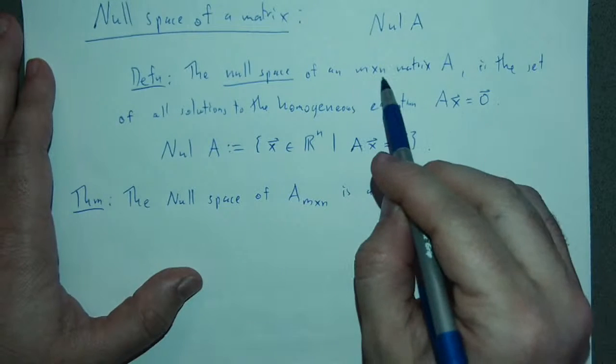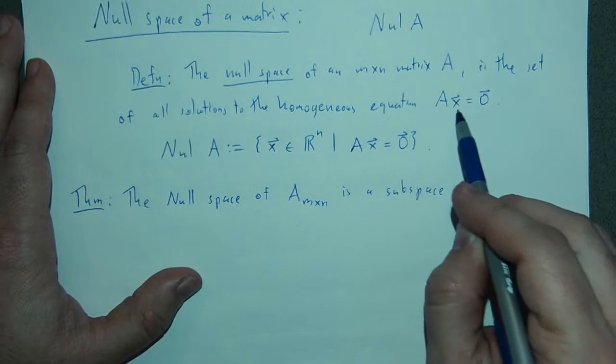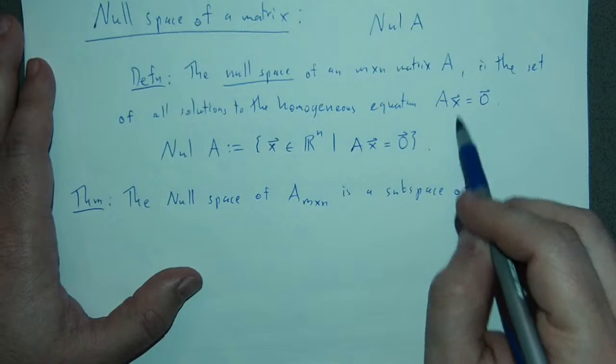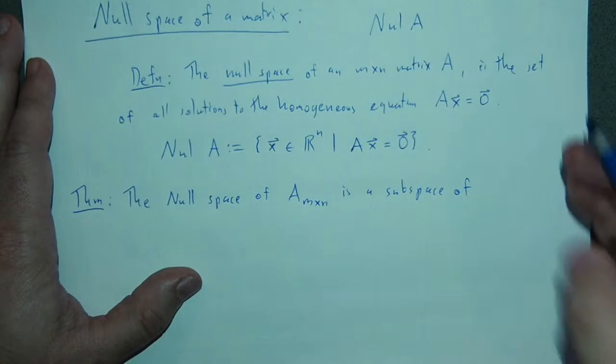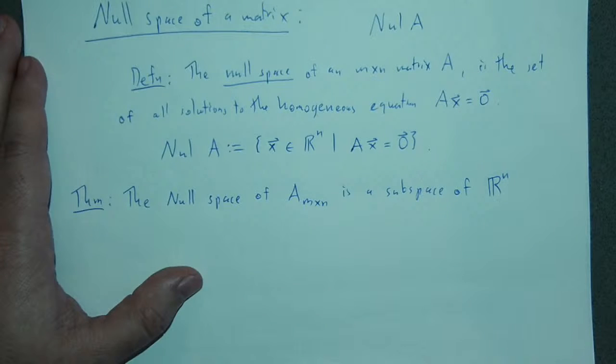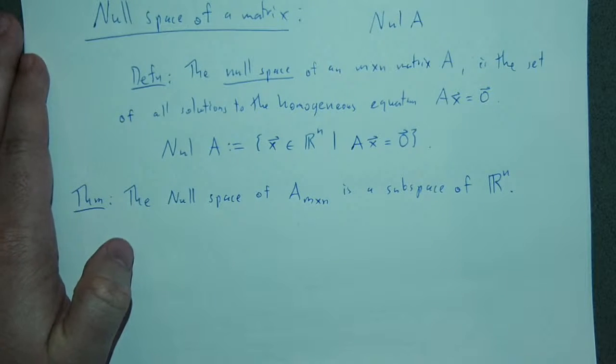A is an m by n matrix, and I'm multiplying on the left by A, so the x's need to be of size n, they have to be in Rn. The definition says it's a subset of Rn, but it's actually a subspace of Rn. This is not too hard to check. Maybe I'll check it here in a second.